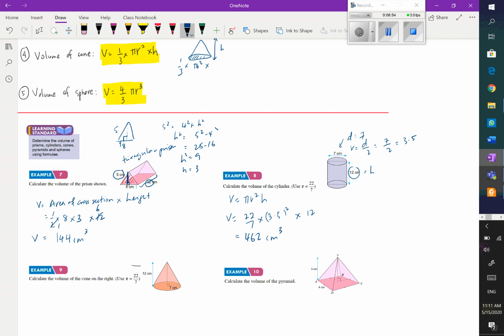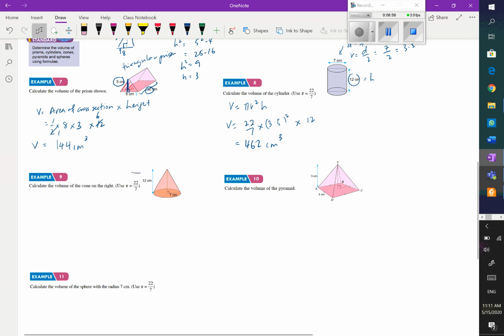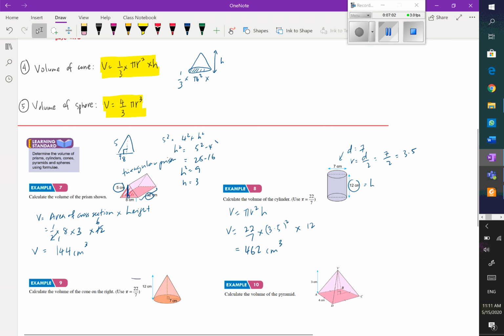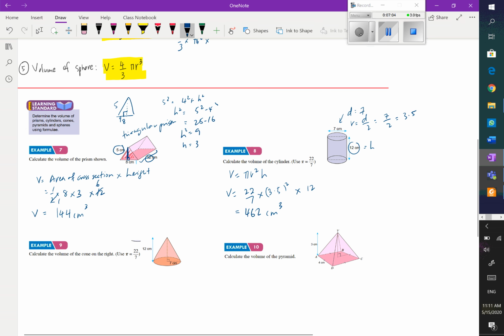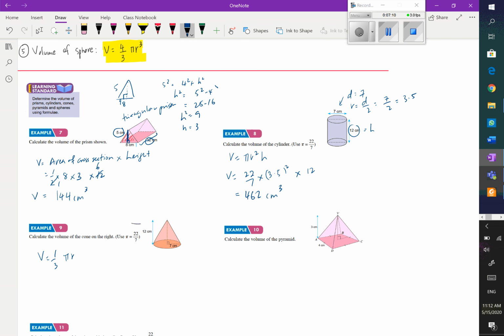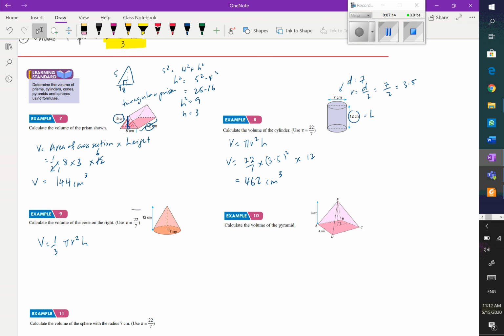Okay. Next example, calculate the volume of the cone on the right. So cone, apakah formula cone? V equals to 1/3 pi r square h. Okay, tengok daripada gambar awak ni, apakah radius?